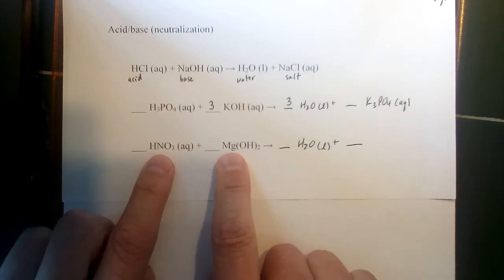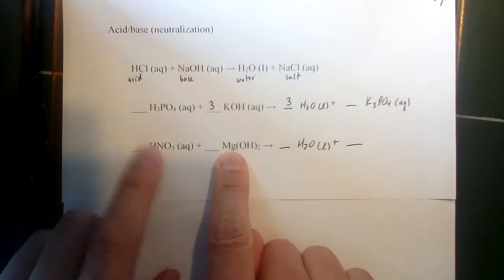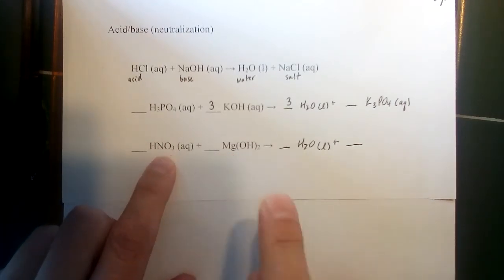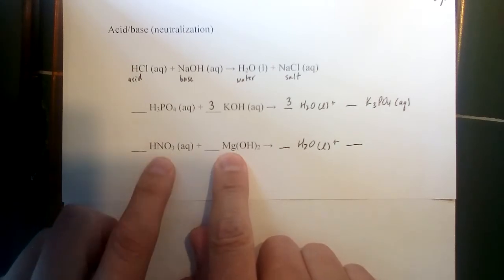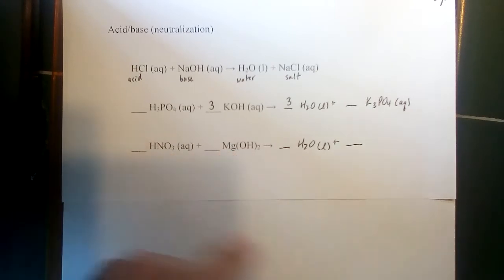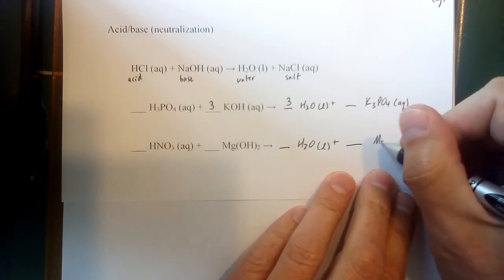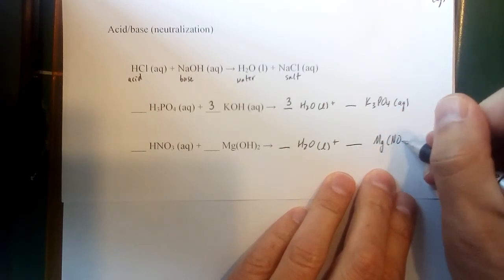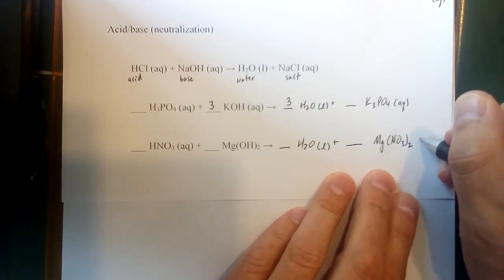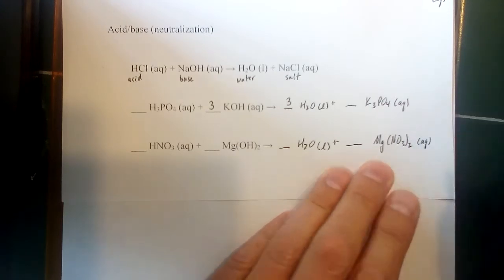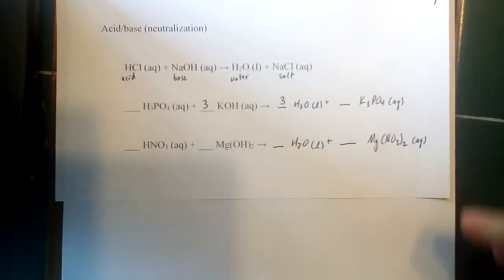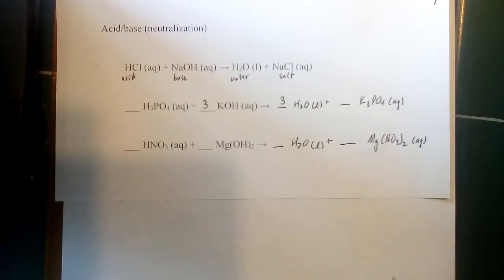Now the salt in this case is going to be magnesium coming from the base, nitrate coming from the acid. Well, magnesium is a +2 metal. Nitrate, the polyatomic ion, has a -1 charge. So that is going to be 1 magnesium and 2 nitrates in the formula. But nitrate salts are always soluble, so we should know and be able to identify that as aqueous there.